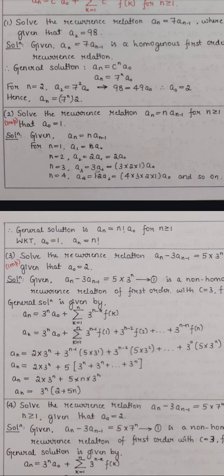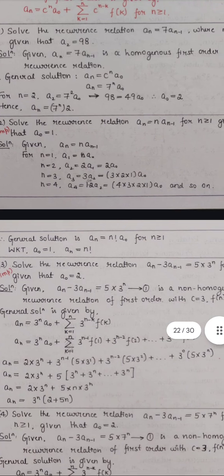Then for 2 it is 2 into a_1. For 3 it is 3 into a_2. What is a_1 here? a_1 is a_0 only.